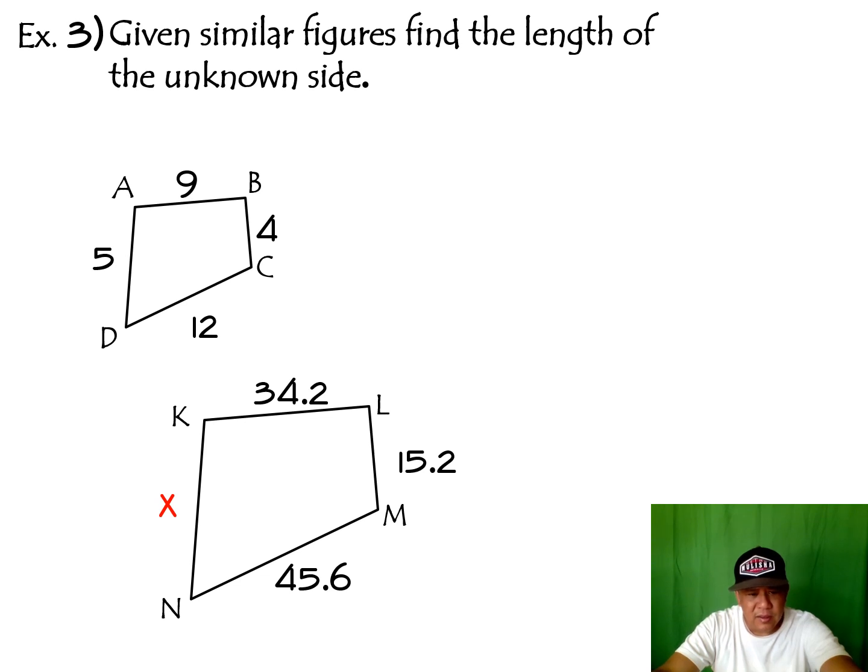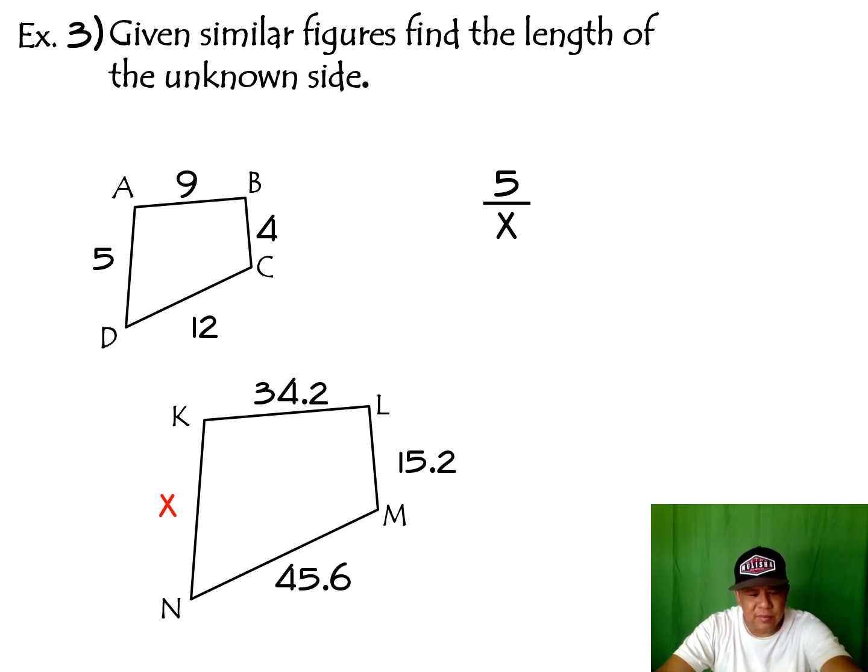And you can take any two sides, but you have to compare the same side. So let's take a look. 5 is to X, so I take the left side and I start it. Now, remember, you have to go in the same order. I started from top to bottom, so you have to go from top to bottom.